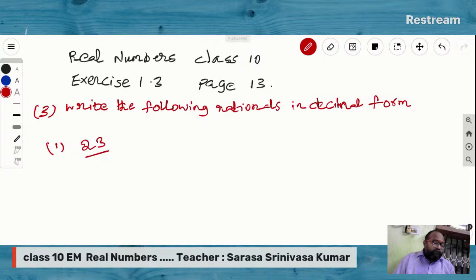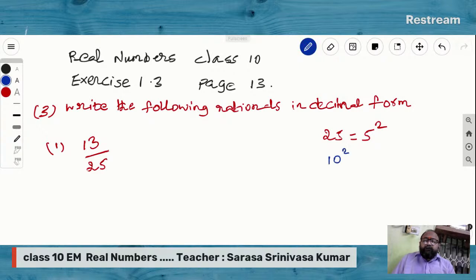13 by 25. Now 25 equals 5 square. We want to get the form 10 square in the denominator.